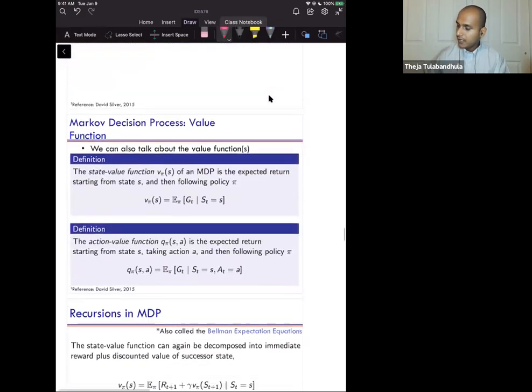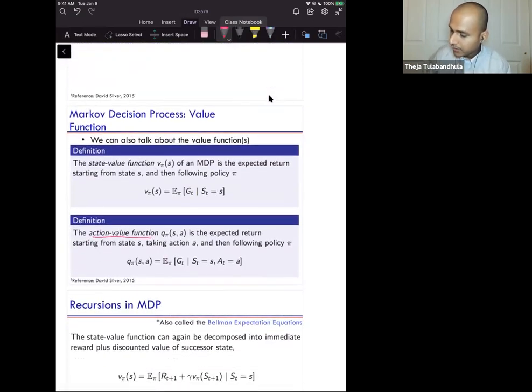The new item here with MDPs is the notion of a state action value function, or just the action value function. Now this object was not there for Markov reward processes. What is the action value function?